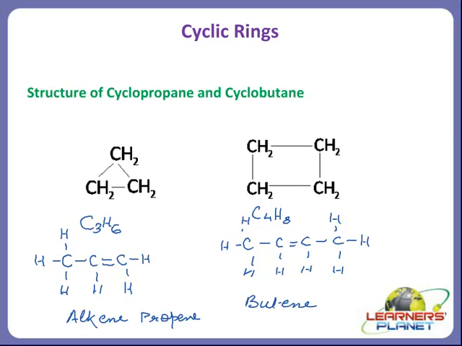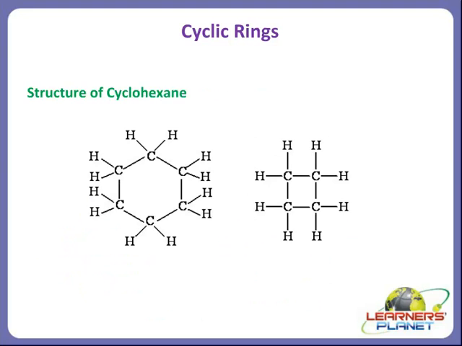So these are cyclic compounds. Again, carbon is forming a cyclic compound due to its property of catenation. Likewise, this is cyclohexane, that is cyclic again. This is cyclobutane again here. So what I can write here is, it is C6H.